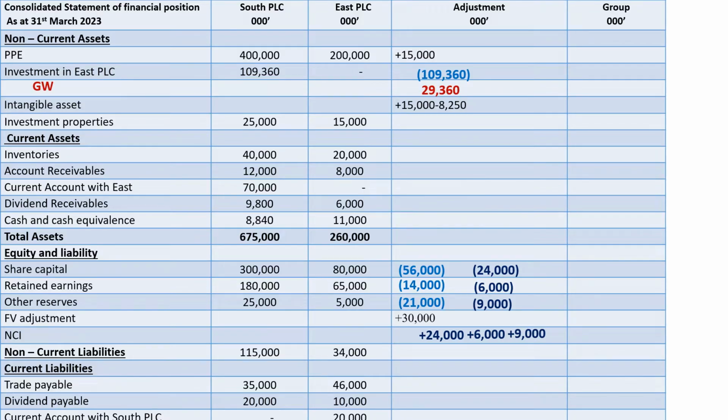By using the calculations, we have found that the goodwill is 29,360. Out of that, 11,000 is relating to the non-controlling interest. When we add these values together, 24,000 of share capital, 6,000 of pre-acquisition retained earnings, 9,000 of fair value adjustments, as well as the goodwill, we get 50,000. This 50,000 is the fair value of non-controlling interest. Check and see whether you are obtaining this value.